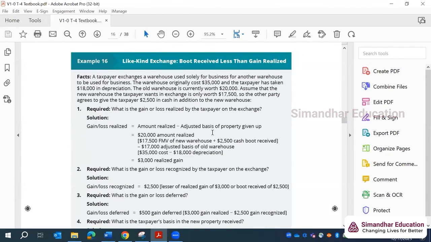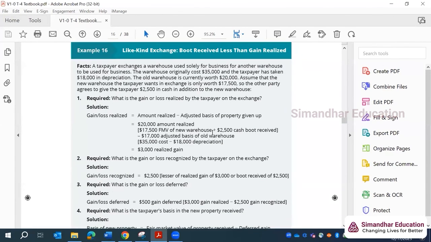Let's look at the next example. Here, everything else is same. Only the taxpayer is now getting a warehouse which is worth 17,500 and the boot here is 2,500. So all the calculation will be same. Here your realized gain is 3,000 and the boot that you have received is 2,500.